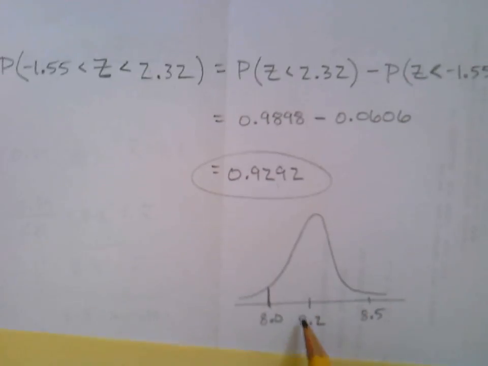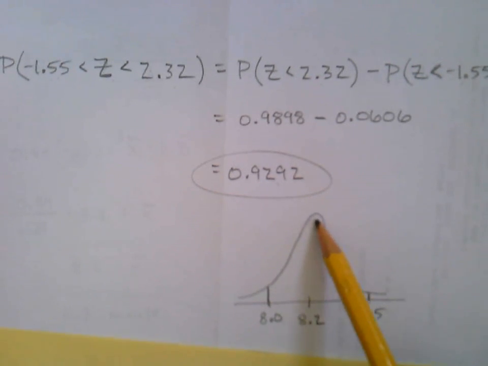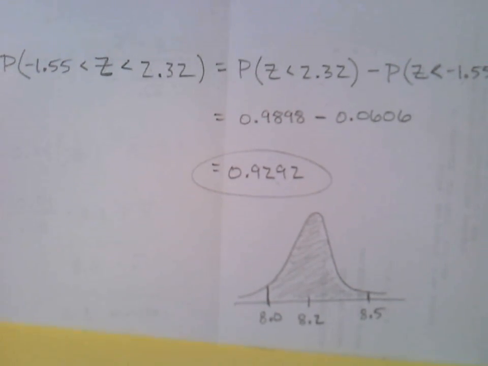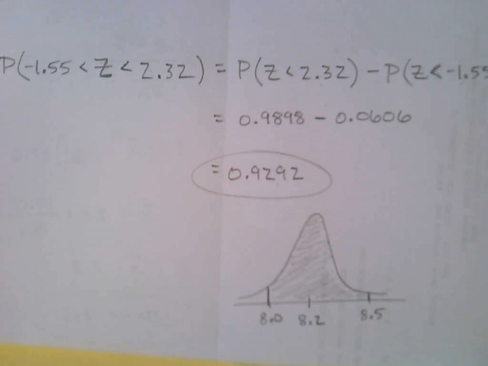Well, we haven't strayed very far, it doesn't seem, but because it's pushed together so much, that right there ends up being 0.9292. 92.92% of the data falls between 8.0 and 8.5. Just this tiny little bit out here, a little bit more out there to make up the rest of it. Okay, I'm glad we only did number 4 here. Practice number 5 is next.